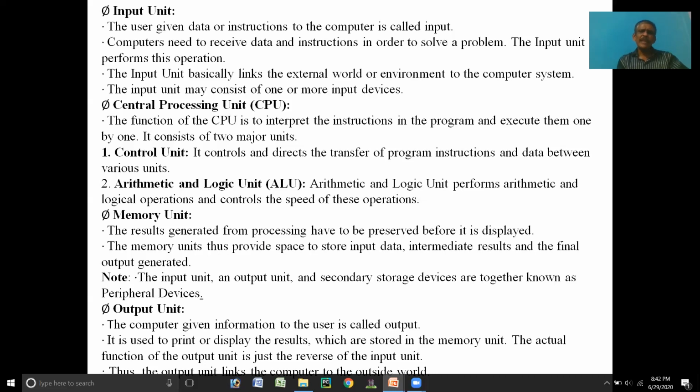In the same way, the secondary memory is used for storing a huge amount of data permanently for future use, using devices like hard disk, floppy disk, CDs, DVDs, etc. When you compare primary versus secondary, primary memories are temporary memories, whereas secondary memories are permanent memories.